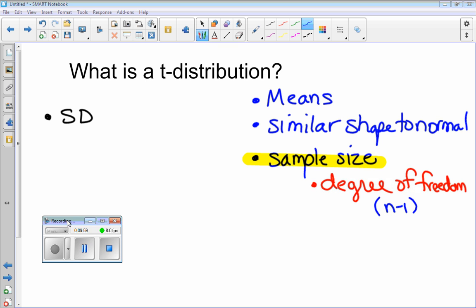What do we need it for? If you look on page 528, it tells you. What is the degree of freedom used for? I'll give you a hint. This notation that you see, what does that mean?